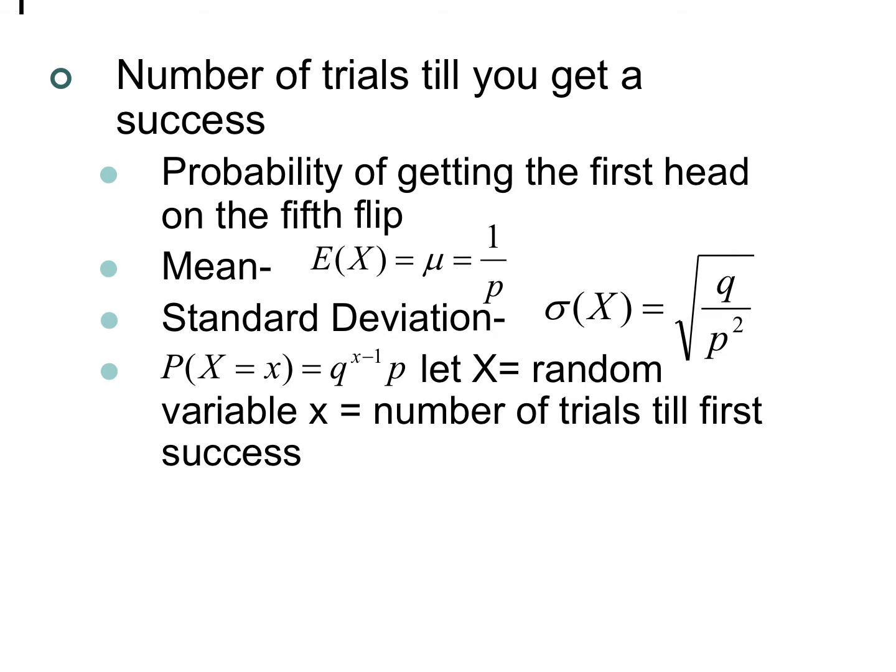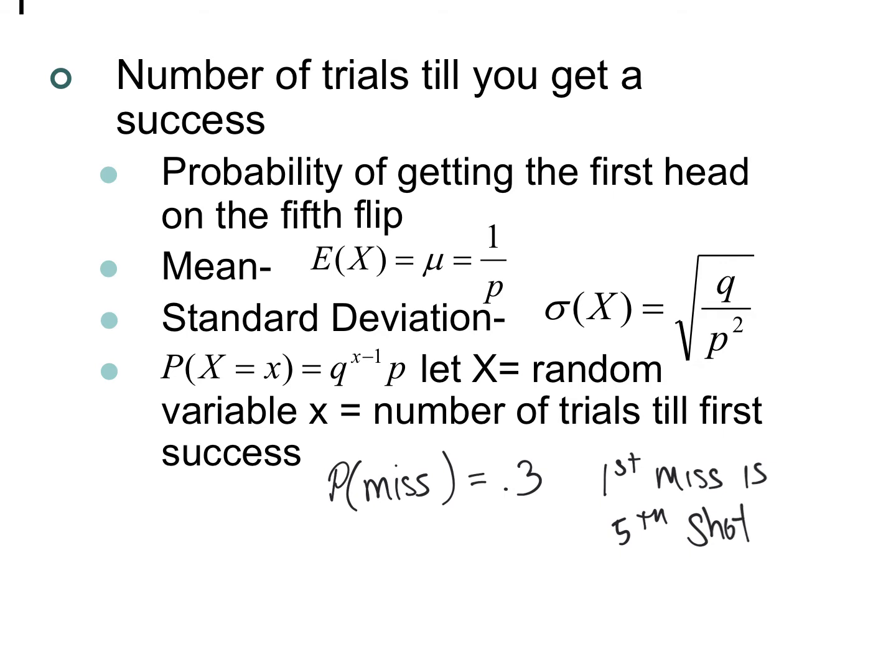Okay? So this is just a shortcut. Let's say the probability of missing a shot is 0.3. So the first miss is her 5th shot. Well, that would be 0.7, 0.7, 0.7, 0.7. She makes it 4 times, right?